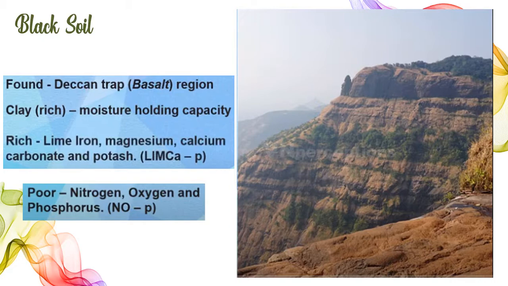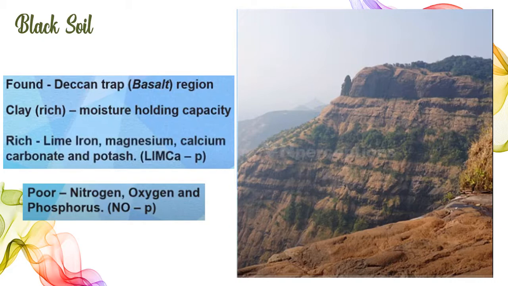And these soils are rich in clay. It means the clay soils will hold a large amount of moisture. The fertility of soil depends upon the amount of moisture or water it holds. This kind of soil is also rich in lime, iron, magnesium, calcium carbonate and potash.